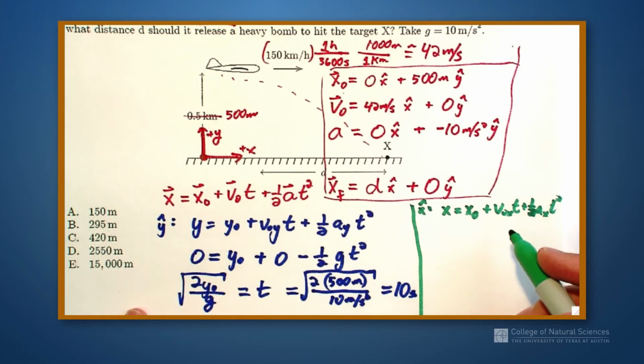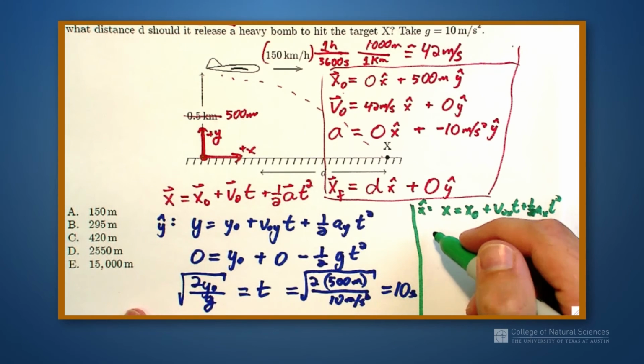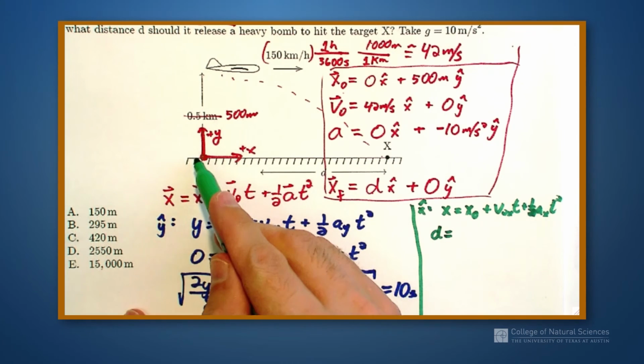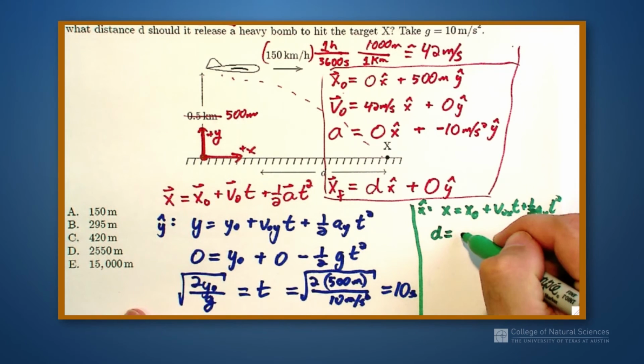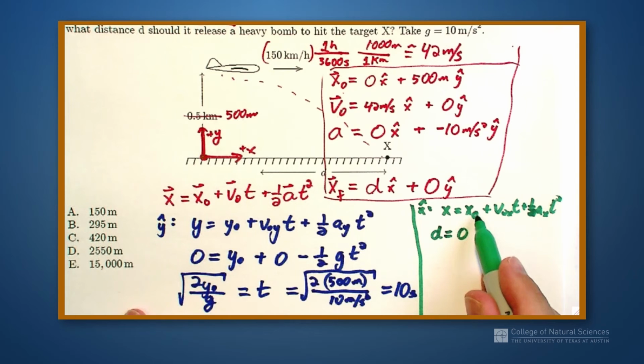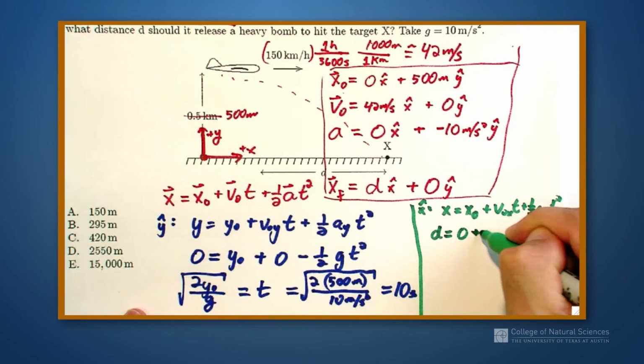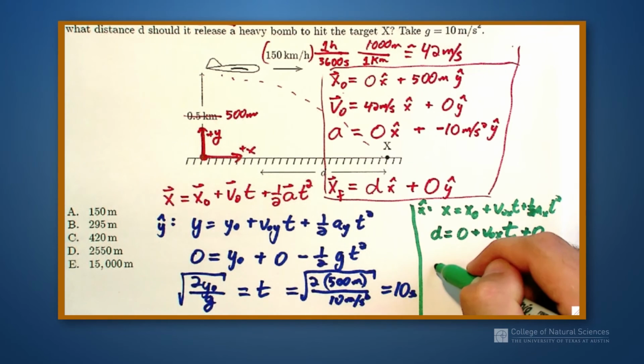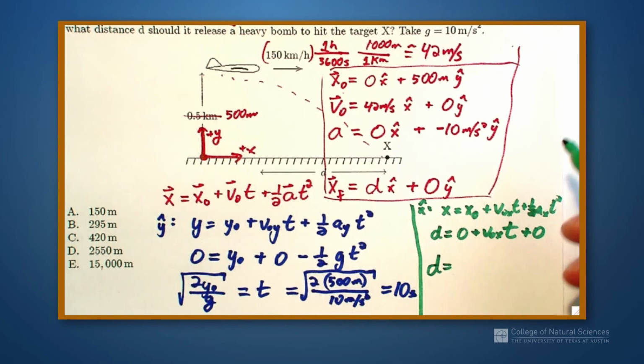Make some substitutions in. I start with d is where I'm going to end up, at a distance d from my origin. I start at initial position of 0 in the x direction. I have initial v naught x, and 0 acceleration.